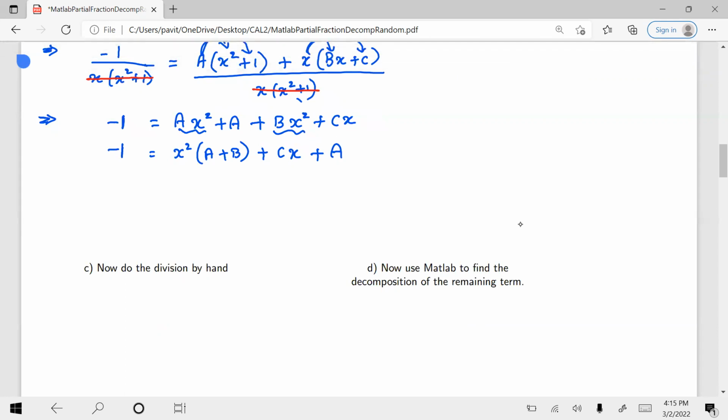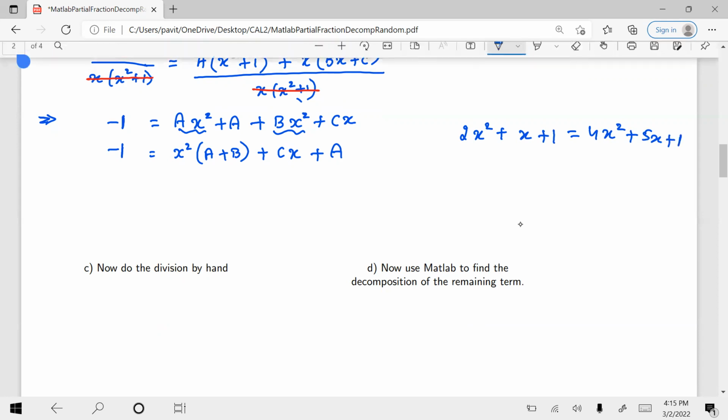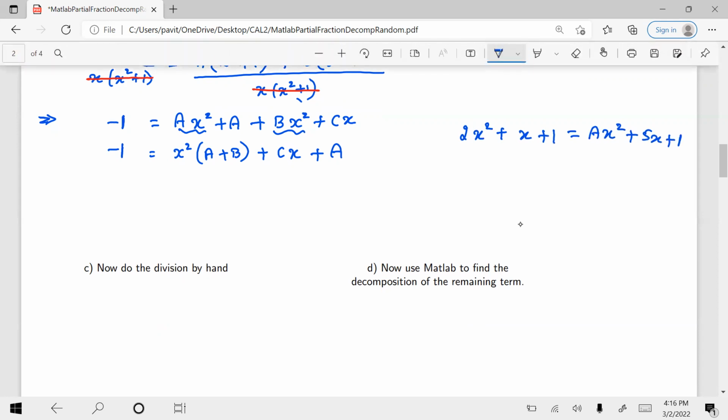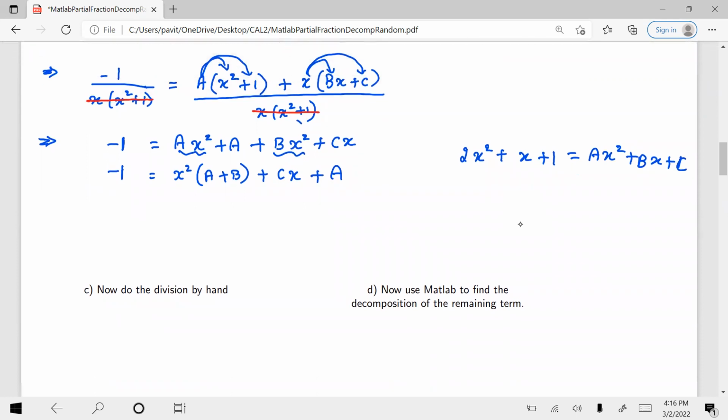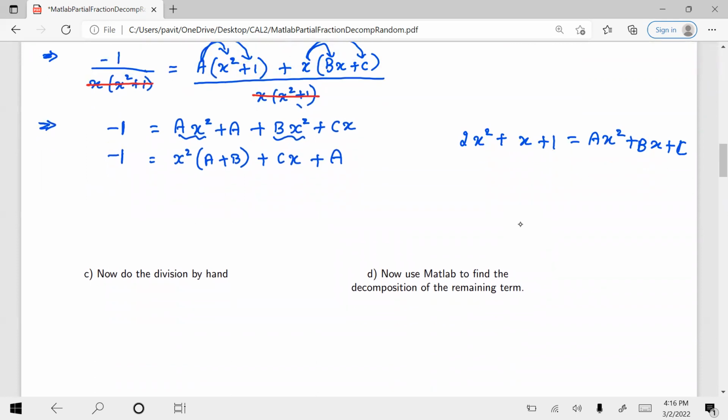For example, if you have 2x square plus x plus 1 equal to 4x square plus 5x plus 1. Or let's say a, b, and c. When you have it this way and they are asking you to find out what a, b, c are, you can always equate these two, and these two.